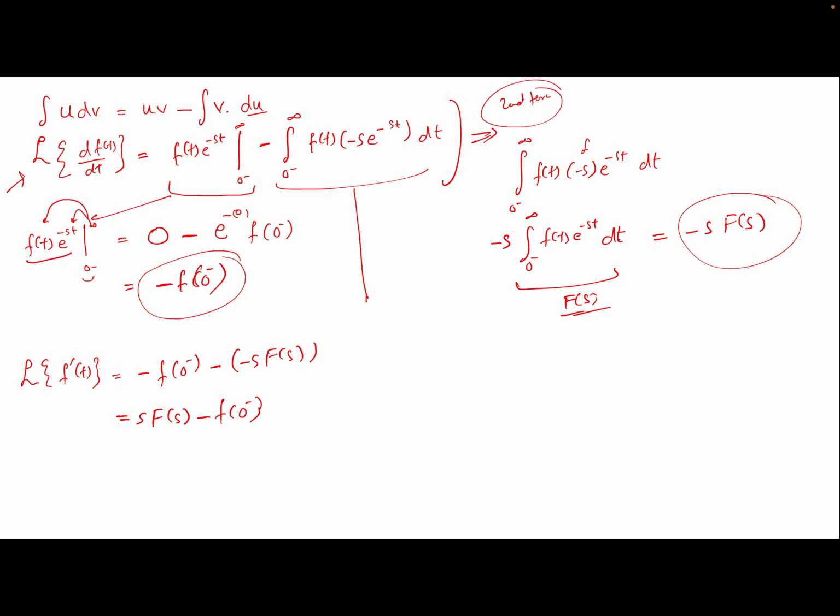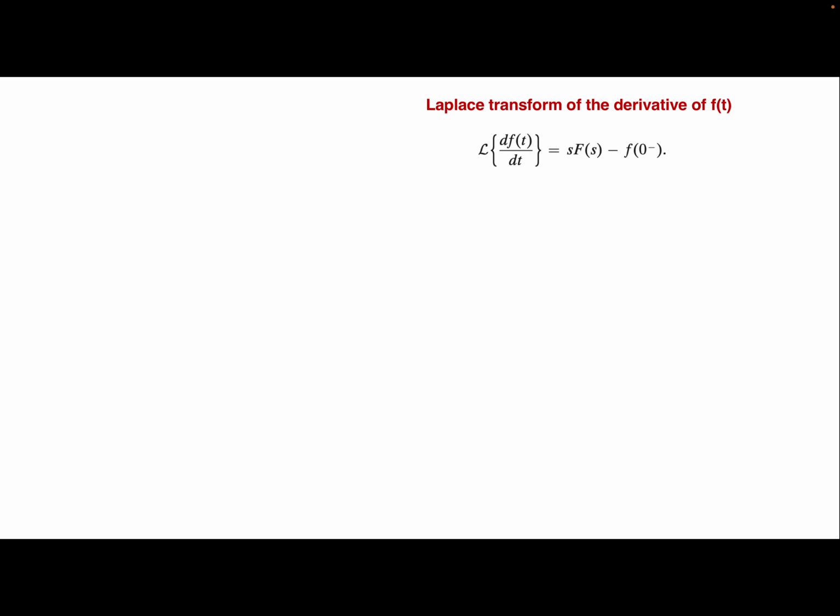So this is the Laplace transform of a derivative of a function, where you have to use this rule of integration by parts. I'm going to apply the same rule in a second when we do the integration operator as well. Anyhow, this is how you can derive it. So the derivative of a function f of t comes out to be s F of s minus f of 0 negative.